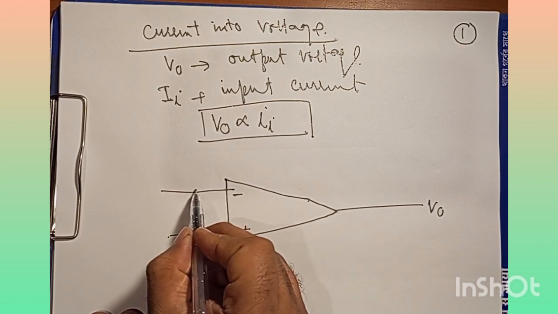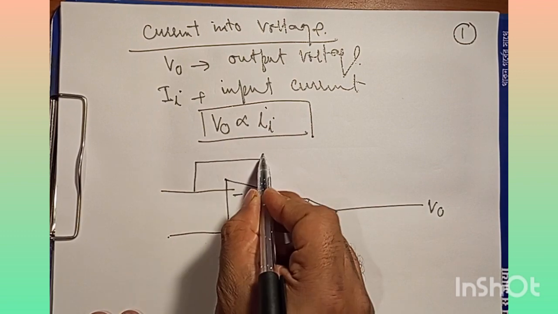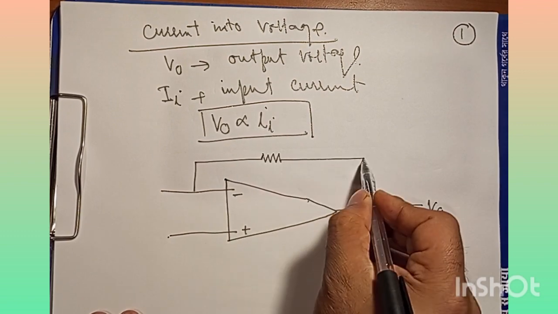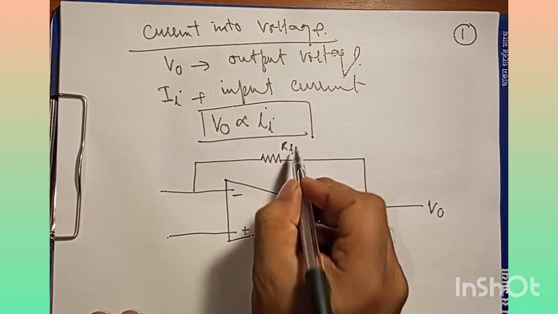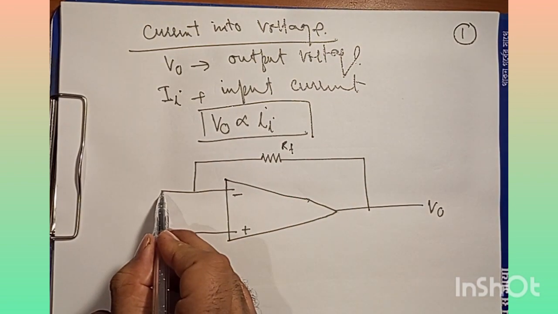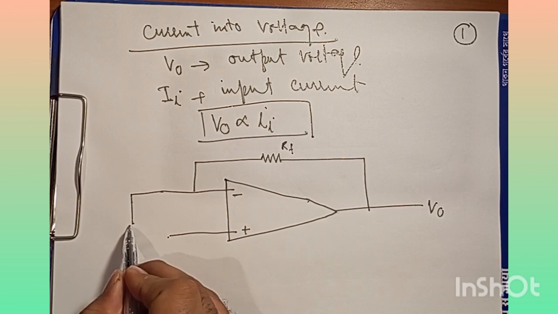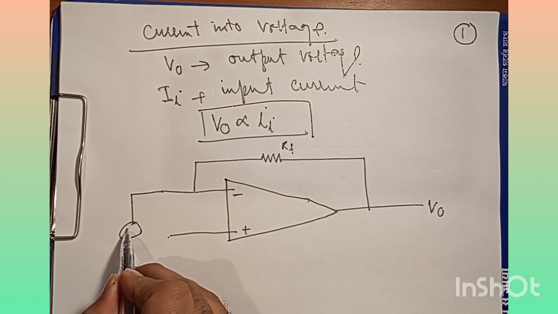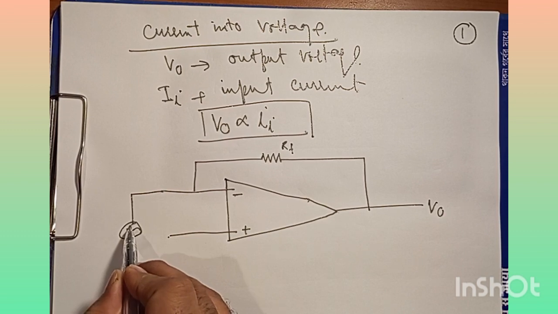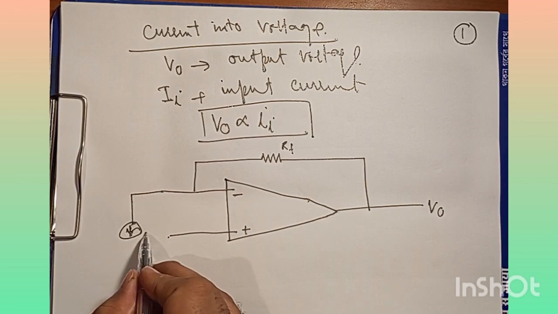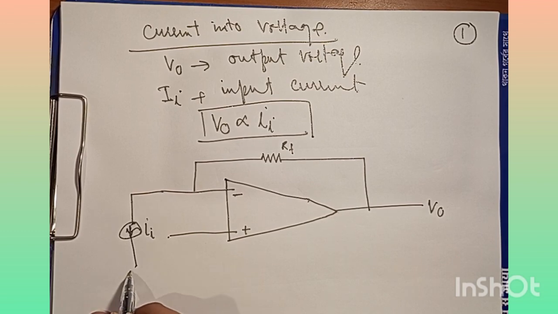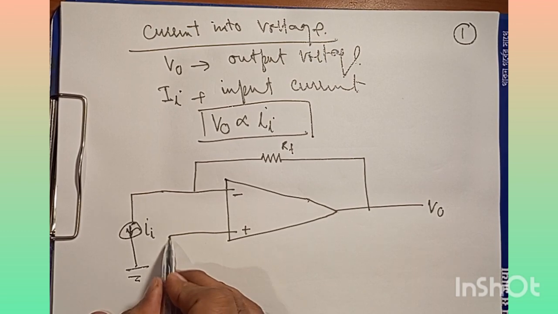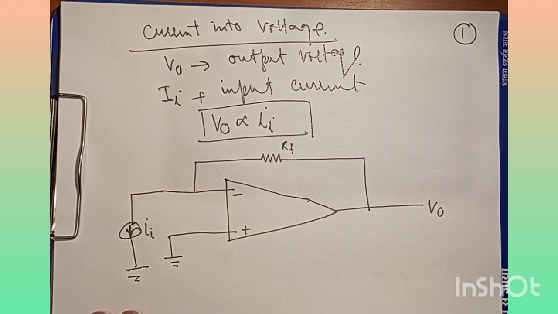Then we have a feedback resistance, RF, and then we have the input signal, the input current I, and we have a ground here, and a ground here.